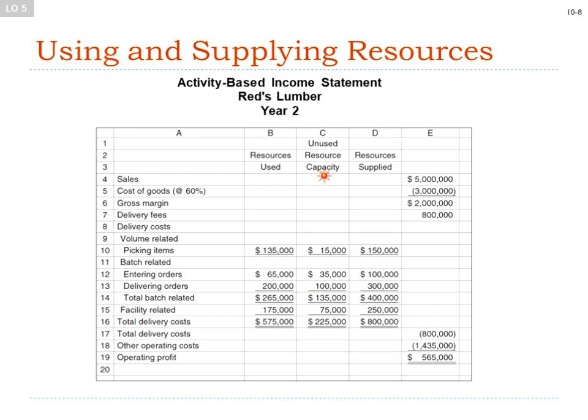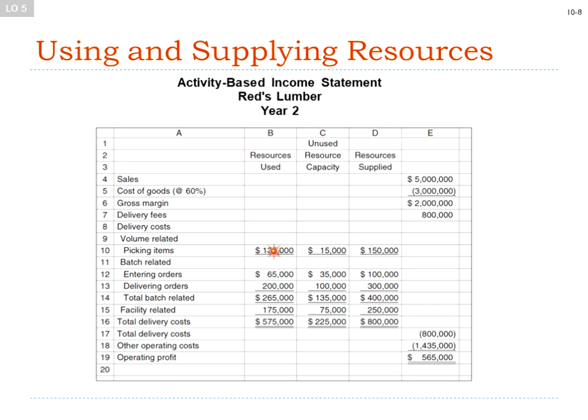So let's take a look at this. For loading, Red Lumber spent $150,000 and supplied resources for loading 75,000 items. However, only 67,500 of those items were loaded, and we get that by doing 135,000 divided by 2.